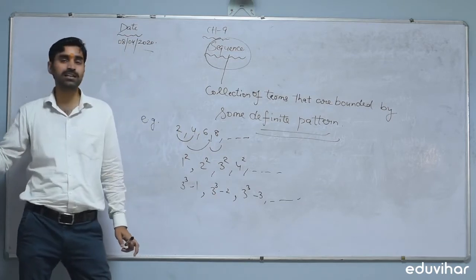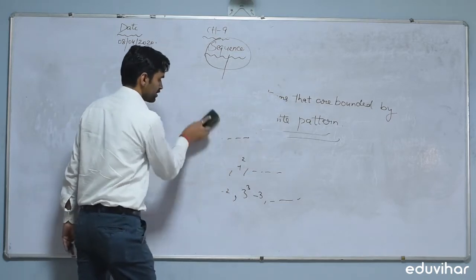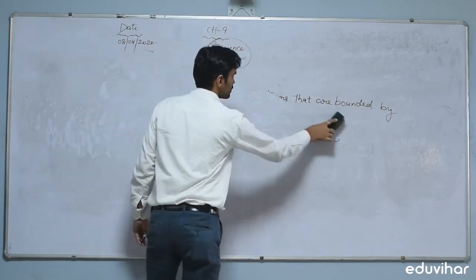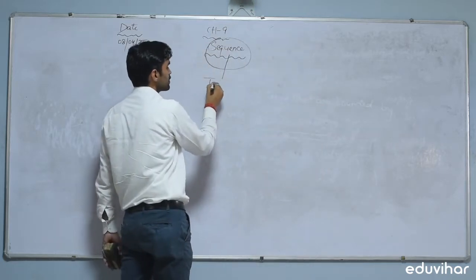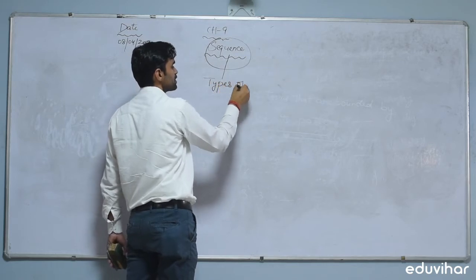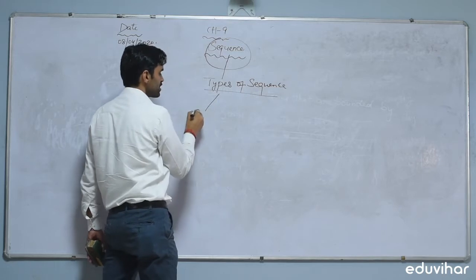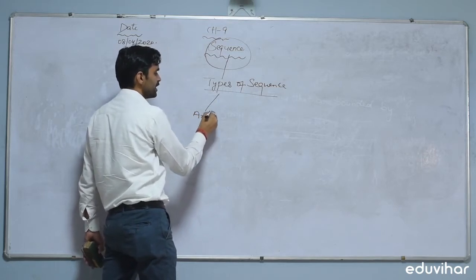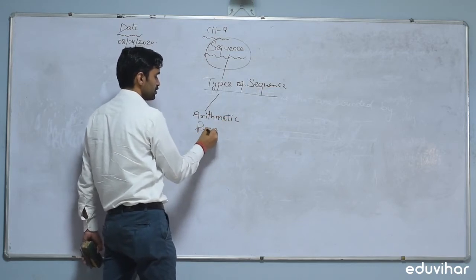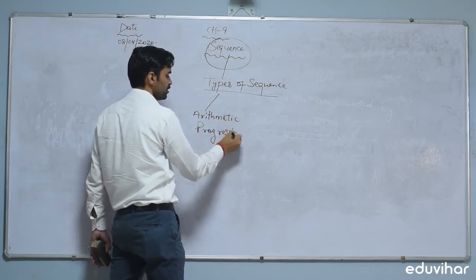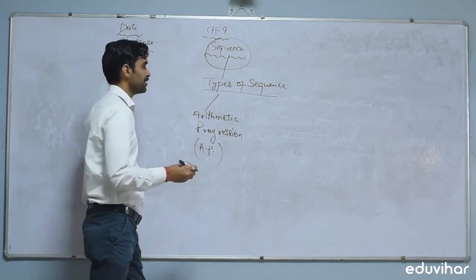Now we will study the types of sequence in our next class, that is class +1. Types of sequence. We will study the first type, that is arithmetic progression, in short written as AP.